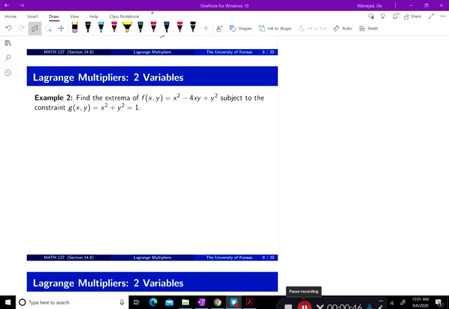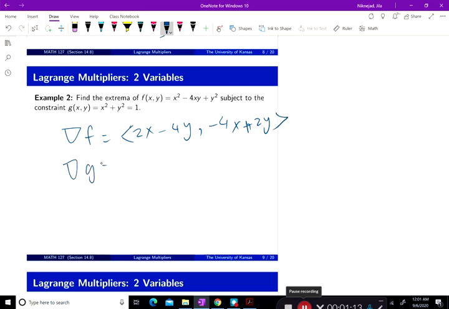So how do we go about this? First, you find the gradient of f, which is 2x minus 4y and minus 4x plus 2y. And then you find the gradient of g, that is 2x and 2y.